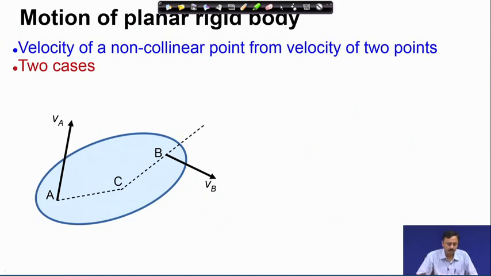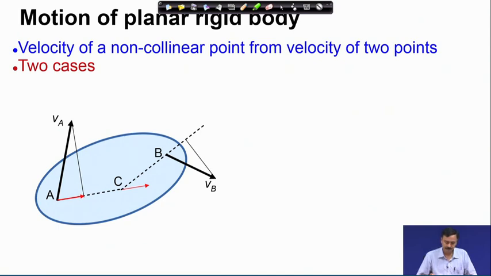Then we looked at this problem of determining velocity of any other point from the velocities of 2 points. Here the 2 points are A and B whose velocities are specified, and I can find out the velocity of any other point, say C. I project VA along AC, take the projection vector, and transfer it to C. The velocity of C must be such that the projection of that vector along AC must be this red vector.